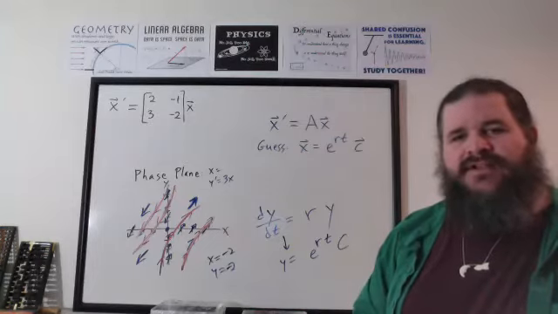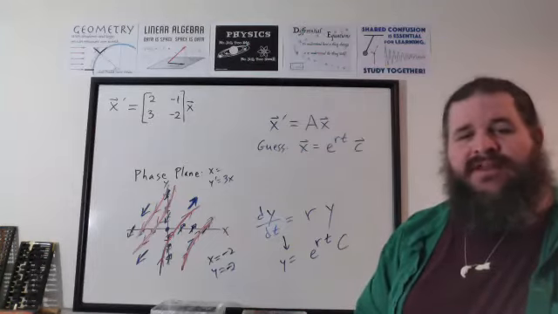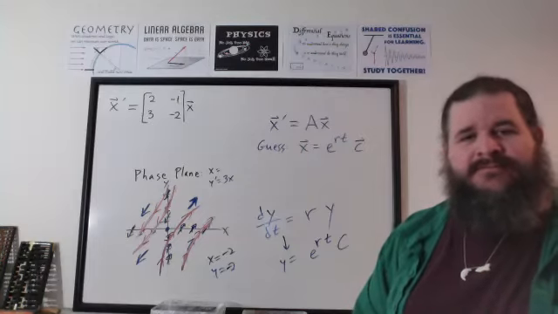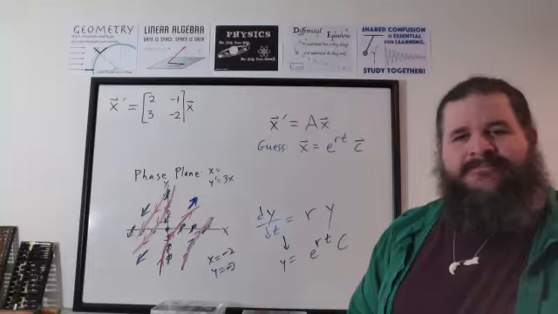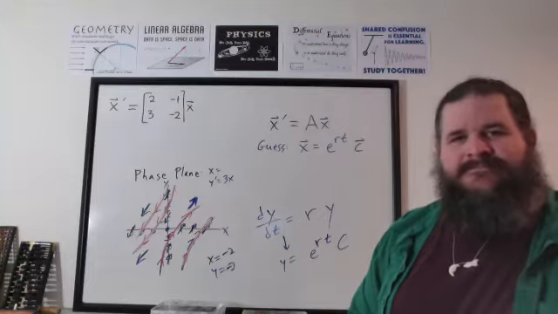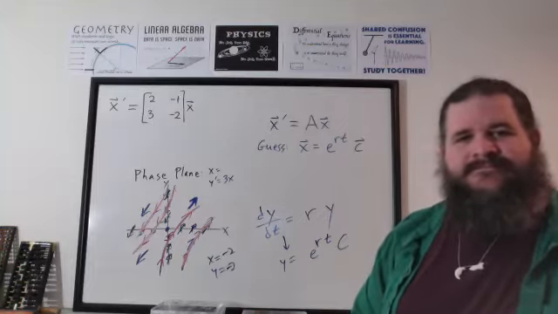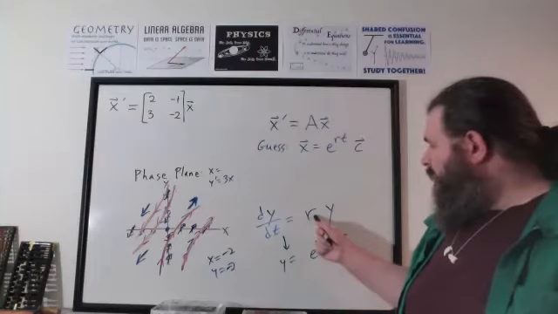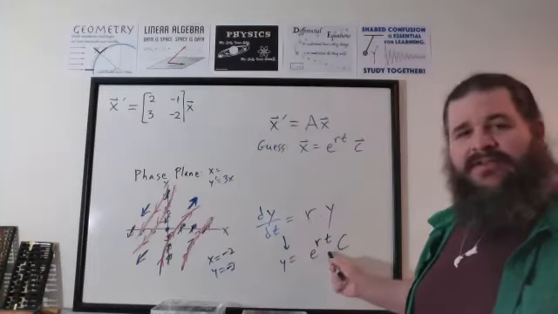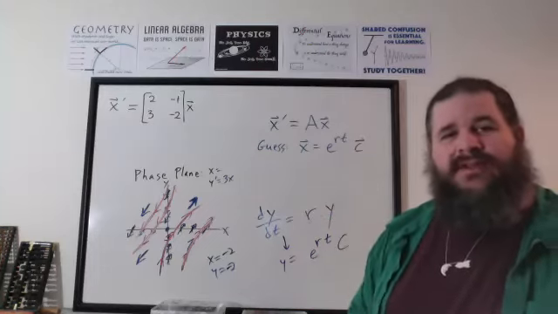In general, how do you check if a function really is a solution of a differential equation? For instance, going back to this one, if I'm claiming that e to the rt is a solution, how would you check to make sure it really is a solution?